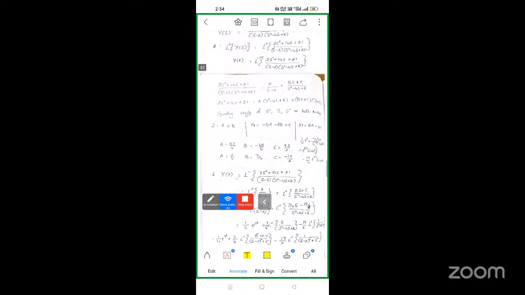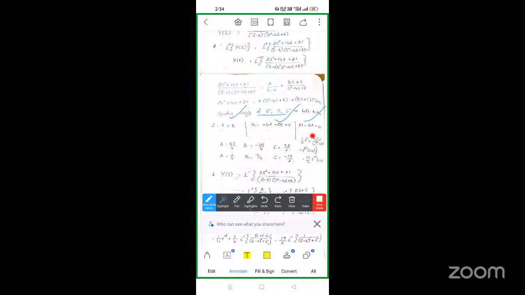After comparing the coefficients and simplifying the equations, we solve these three equations, first, second and third, and we get A is equal to 1 by 4, B is equal to 7 by 4, and C is equal to minus 19 by 4.